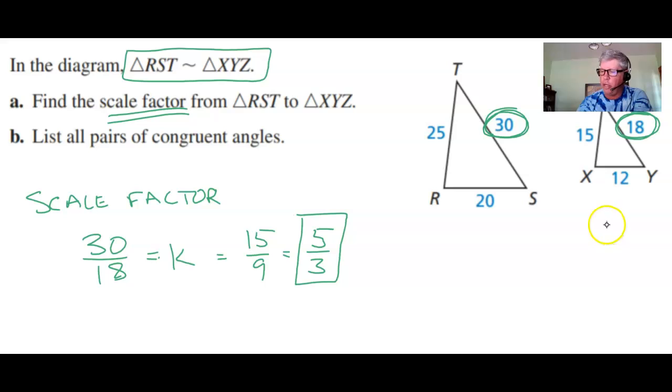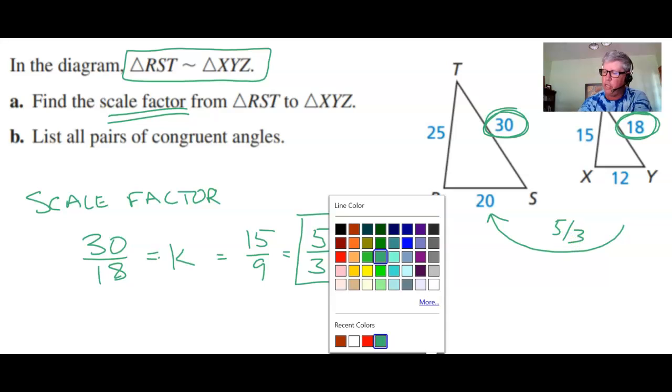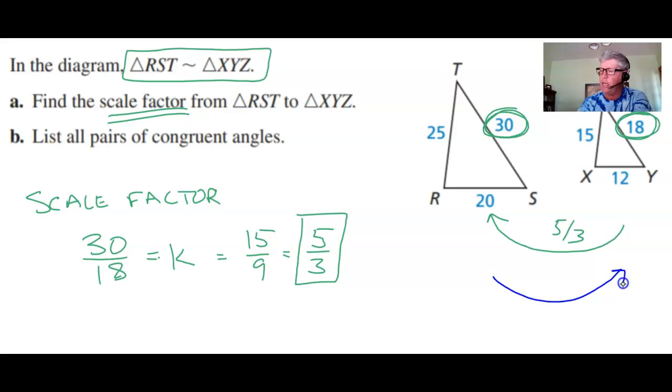5/3 is greater than 1, so 5/3 is the scale factor that I would need to go from this small to this big. But Mr. Sayers, what if I wanted the scale factor that took me from the bigger to the smaller one? Well, if I want to go in this direction, I just flip that fraction.